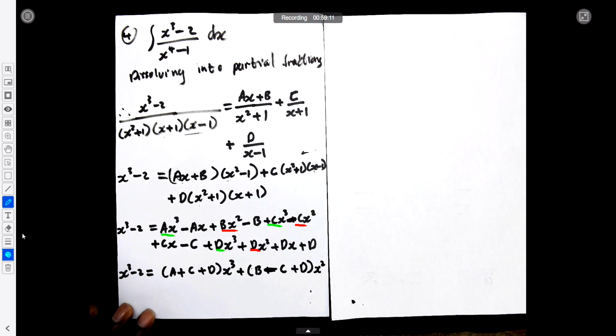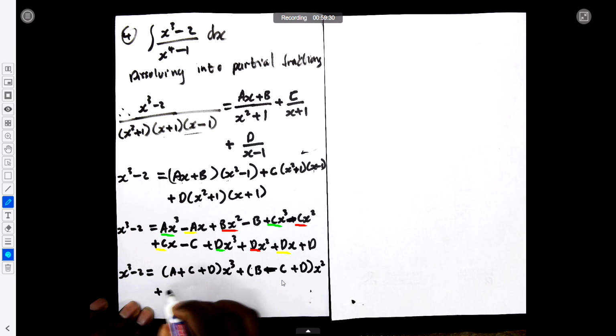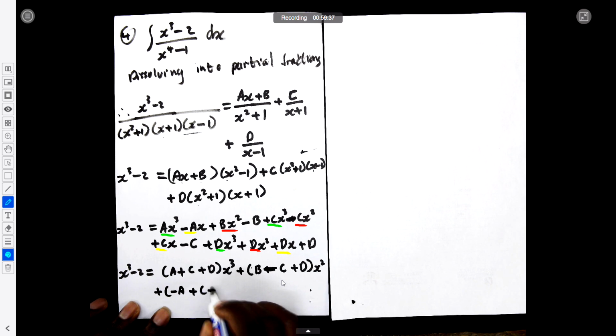So we need to move to the ones with coefficients of x. It's negative A and positive C, right? And positive D, the ones with coefficients of x. So it says minus A plus C plus D. Then x, that is the coefficient.